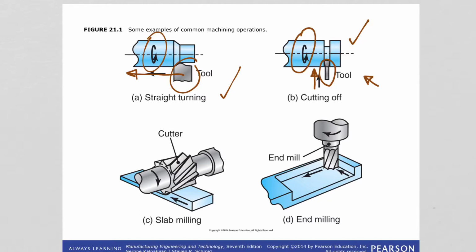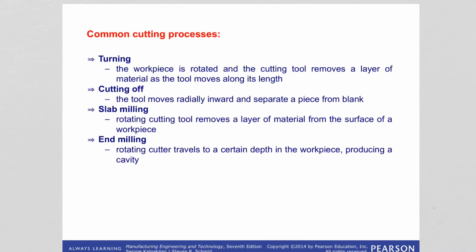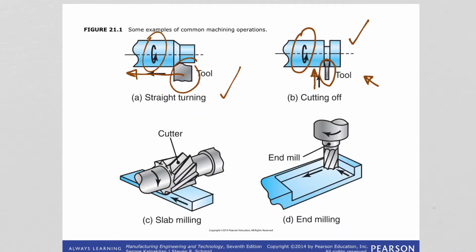So the next is slab milling. In this case, a rotating cutting tool removes a layer of material from the surface of the workpiece.